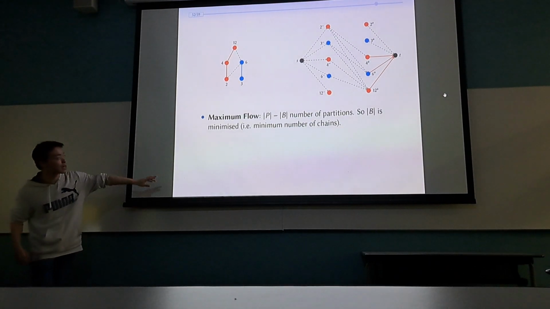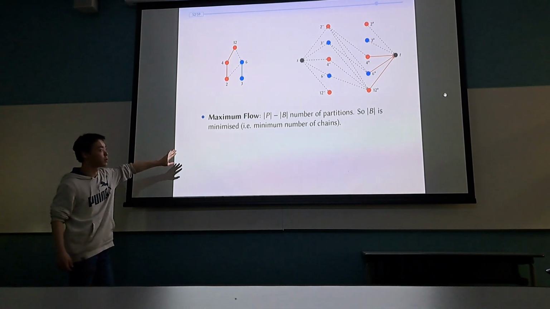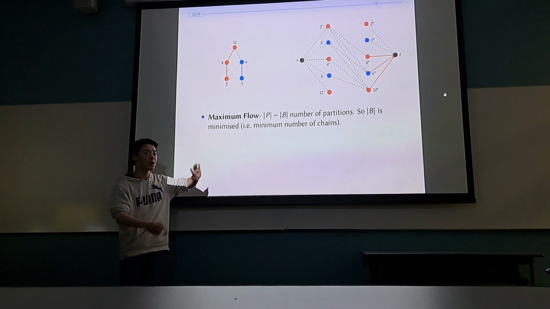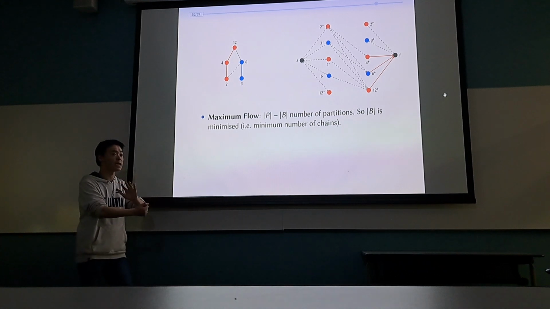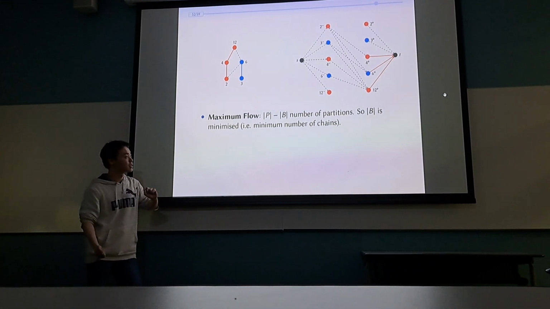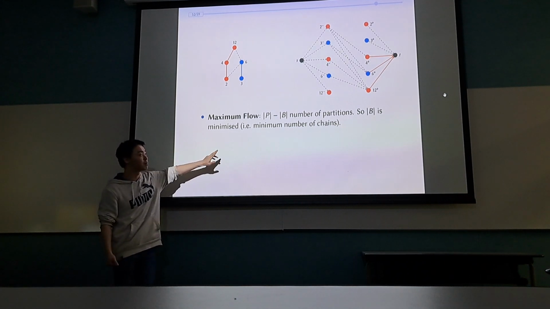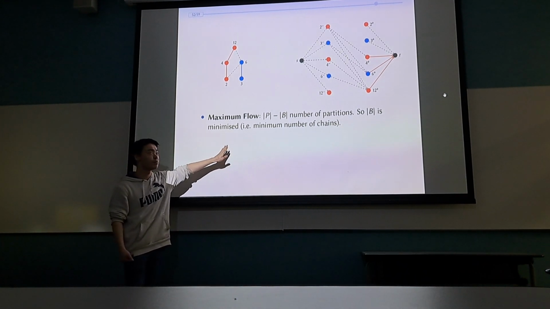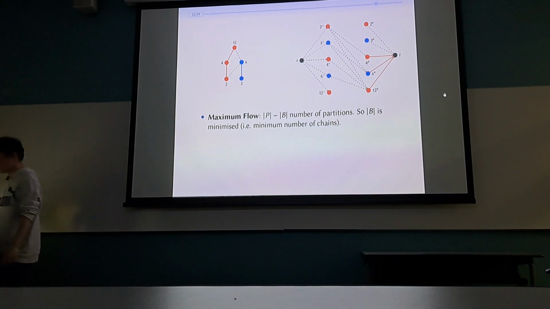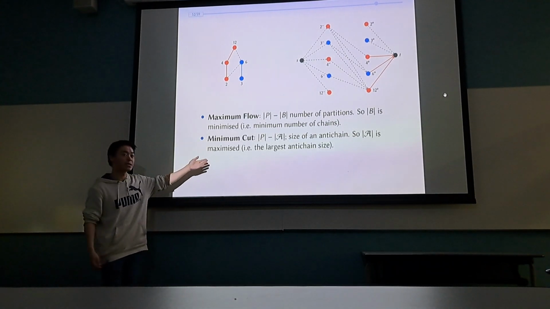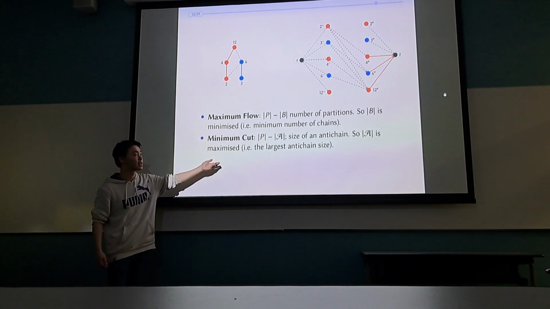So the maximum flow itself corresponds to P minus B, which is the number of chains that form my partition. So that means B will have to be minimized, right? So the number of chains will have to be minimized. But the minimum cut itself corresponds to P minus the size of my anti-chain.